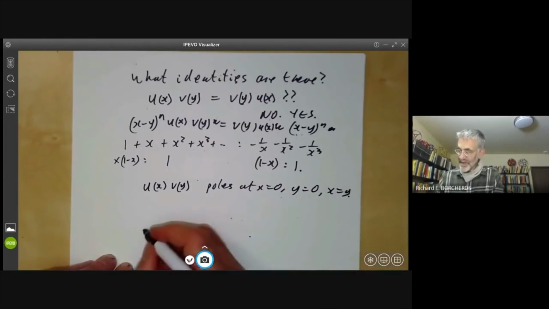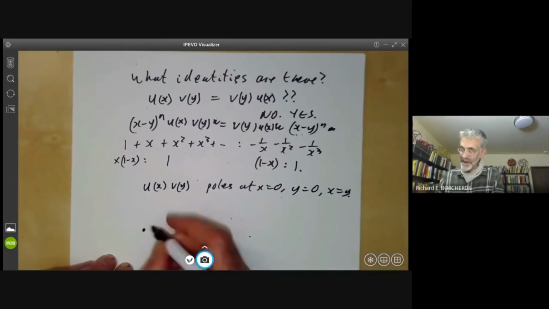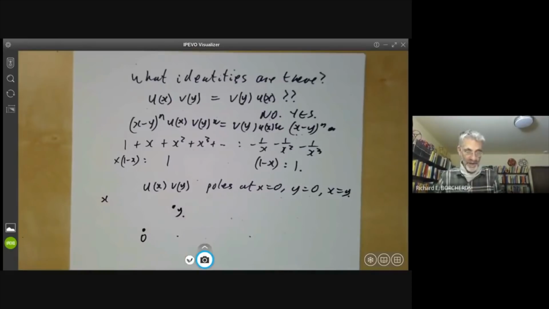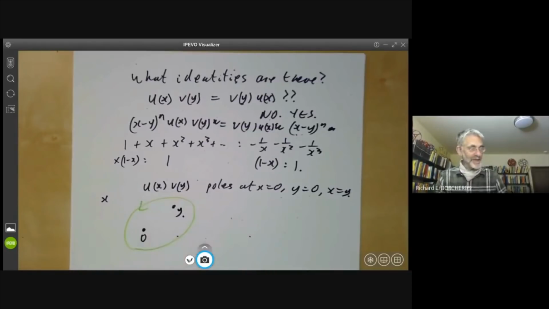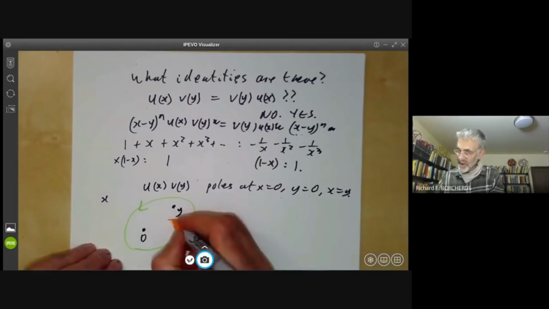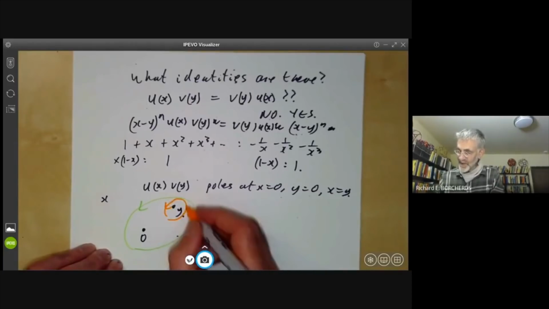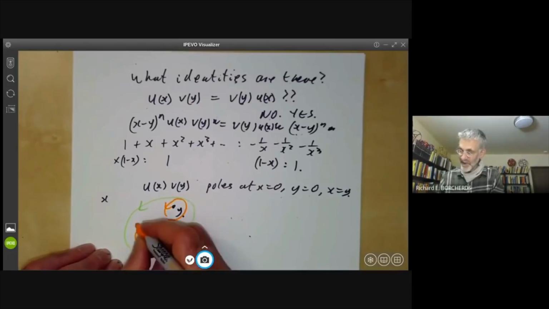Now, if you think about the variable x, if you look at the x-plane, there are poles at 0 and y. And now, if we integrate in a big contour like that, it's the same as doing a complex integral around y and around 0.